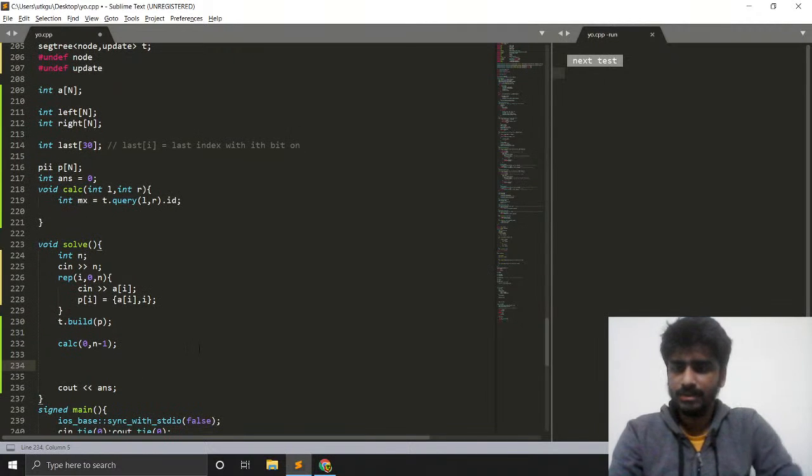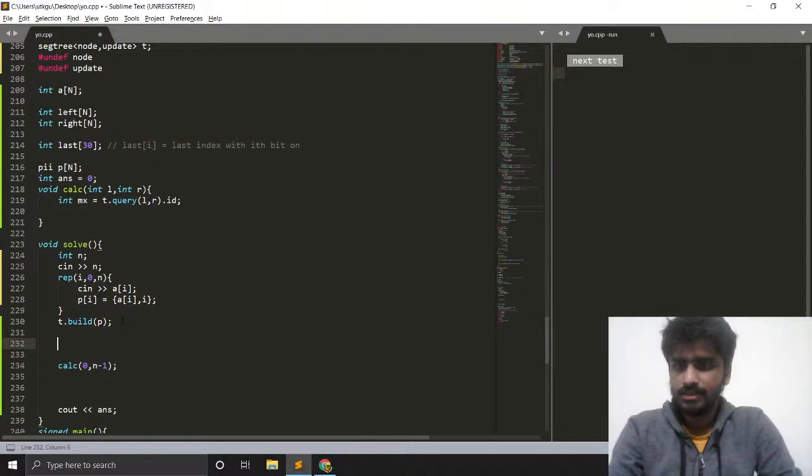Okay, so this will work. So let me just first use this last to store the values of left and right correctly for all the indices. Cool.